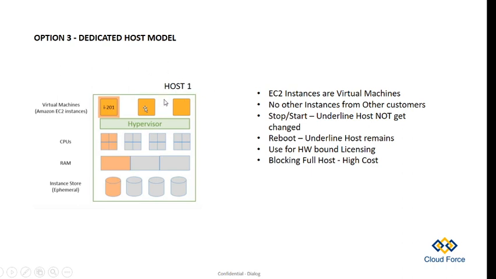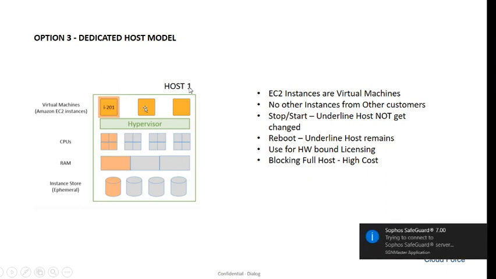Why do you need this type of environment? Mainly if you have hardware bound licensing. If you have software which requires hardware bound licensing, that's why this model is there. Because if you stop and start this VM and it gets moved to host 2, your licensing will not be compliant.